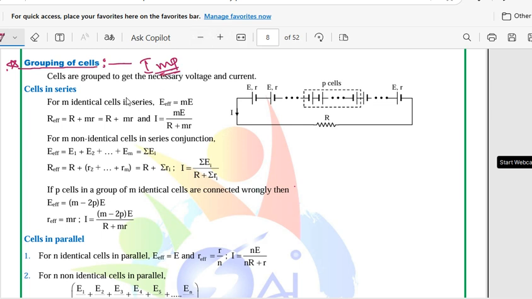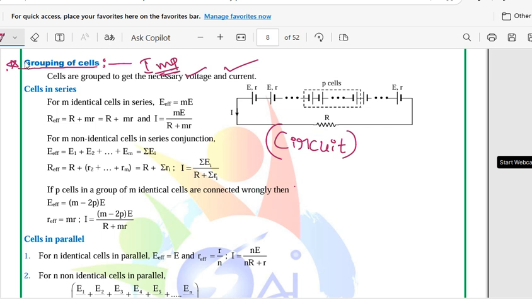Suppose cells are grouped to get the necessary voltage and necessary current. See, this is the circuit for series combination of cells.